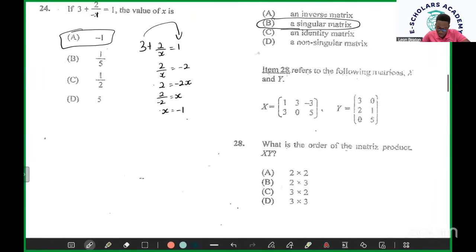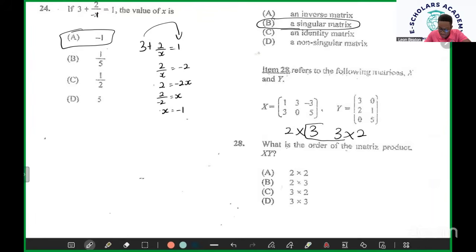All right, a beautiful one. We've got X and we've got Y, and I want to know what is the order of the product matrix XY. Some people would go and multiply X by Y and then see what the product is, but you don't have to do all that. We know X is a 2 by 3 matrix. We know Y is a 3 by 2 matrix.